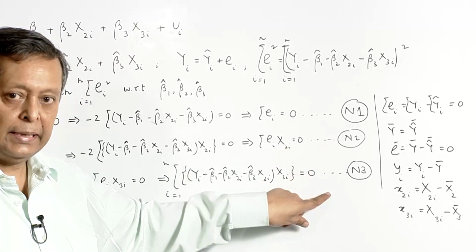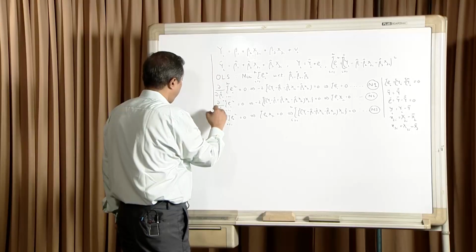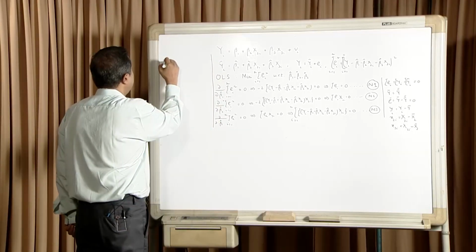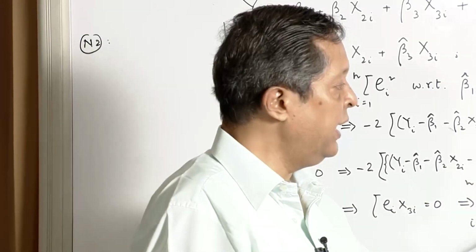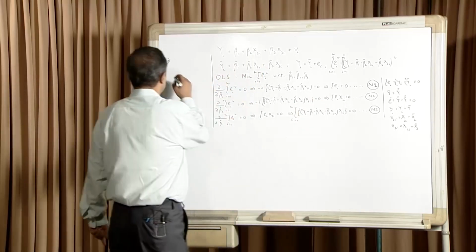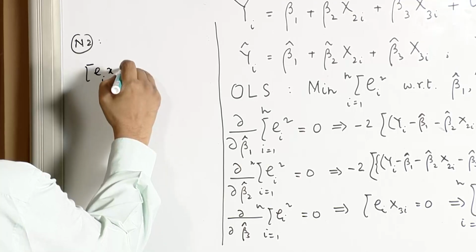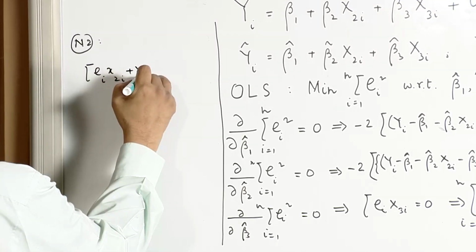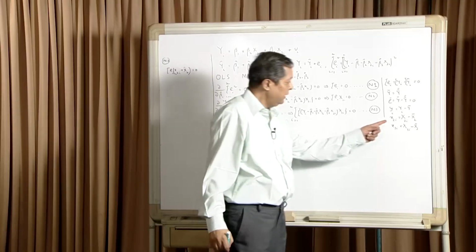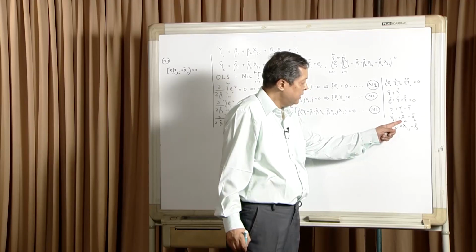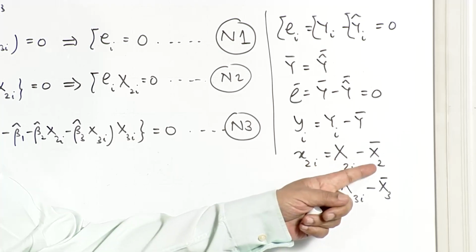Let us now use this information in the three normal equations, or more specifically in N2 and N3. So, from N2 we get summation e_i capital X_2i, which is summation e_i times small x_2i plus x_2 bar, is equal to 0. Please see, small x is capital X minus x bar, so small x_2 is capital X_2 minus x_2 bar.